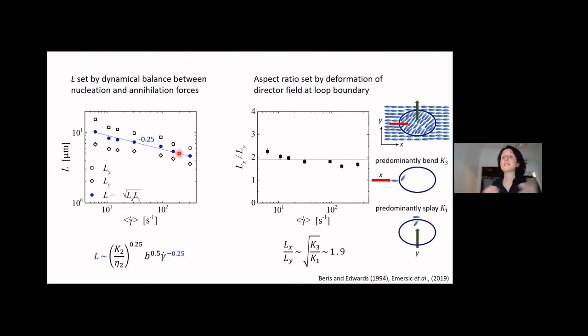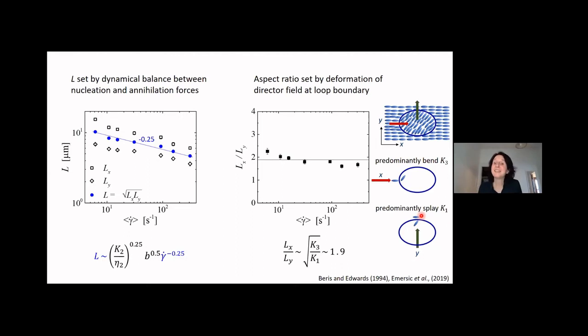We can also understand why these loops are elongated in the flow by considering that the characteristic deformation mode across the loop boundary is different in the x direction compared to the y direction. So in the x direction, we predominantly have a bend type deformation across the loop boundary, whereas in the y direction, we predominantly have a splay type deformation.